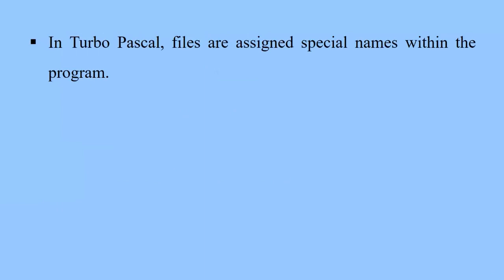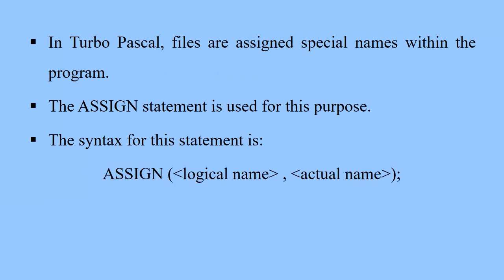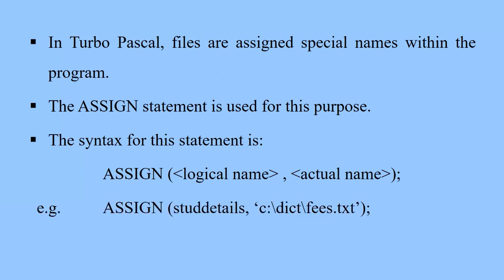In Turbo Pascal, files are assigned special names within the program. The assign statement is used for this purpose. The syntax for this statement is assign, logical name, comma, actual name. For example, assign student details, comma, fees.text.